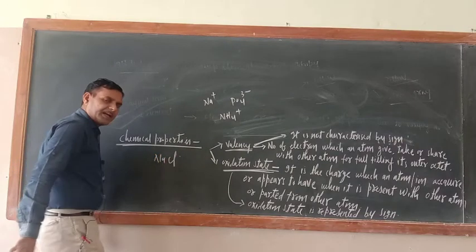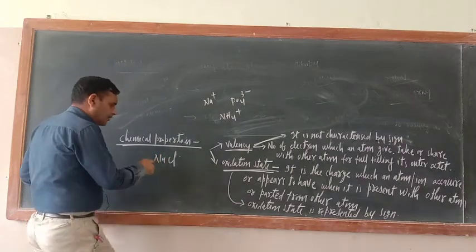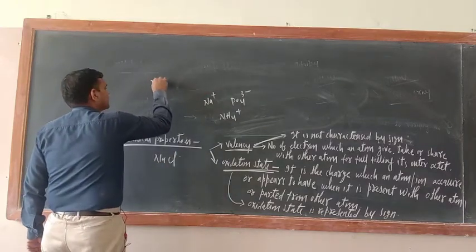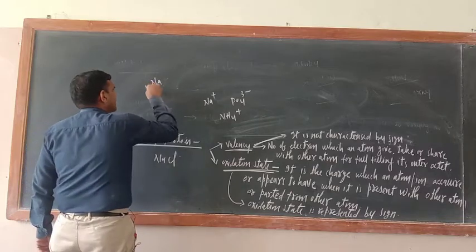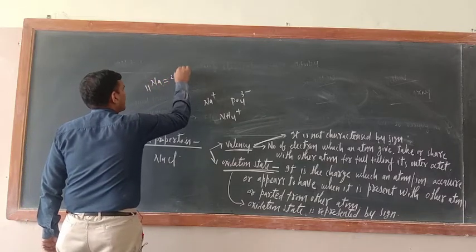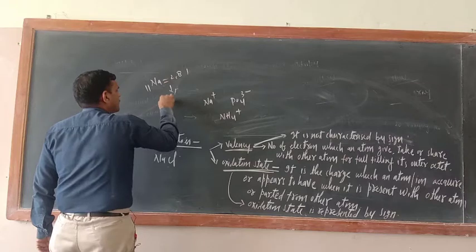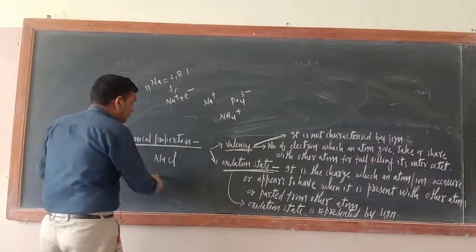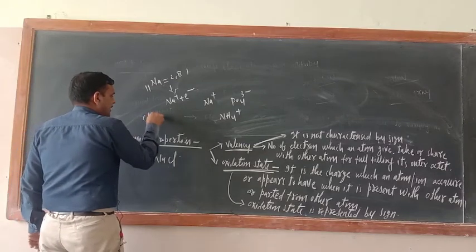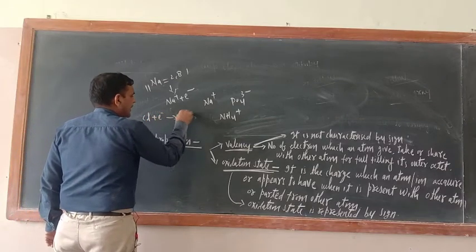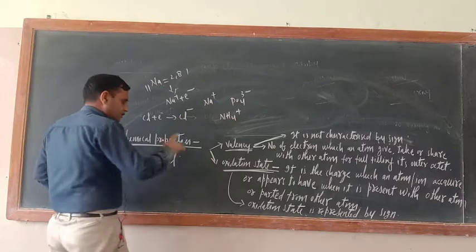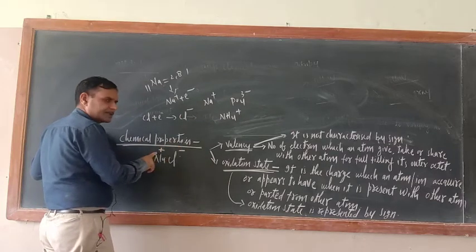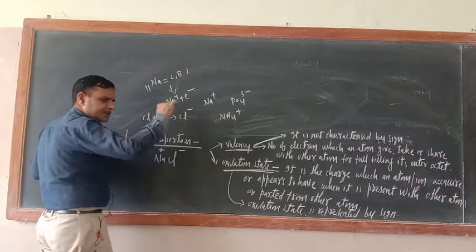Sodium is 2 8 1, so sodium will lose 1 electron and have a single positive charge. Similarly, Cl will gain 1 electron, so it will have a negative charge. So sodium will have single positive, chlorine will have single negative.